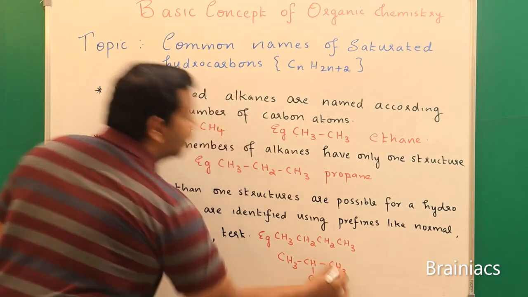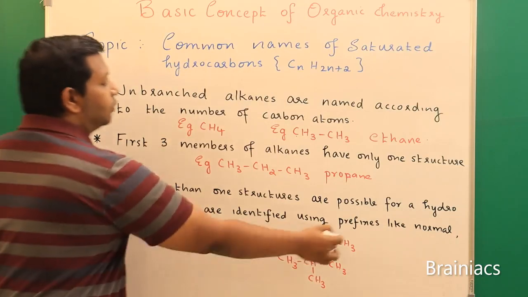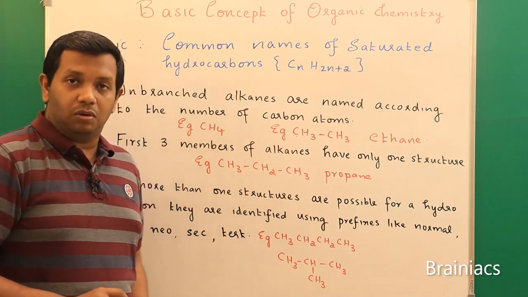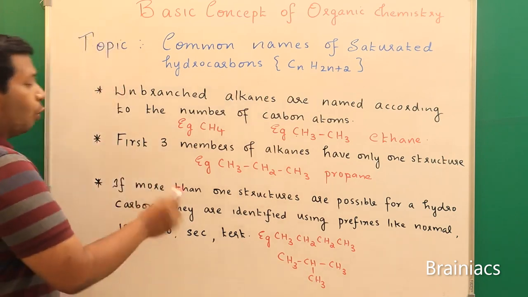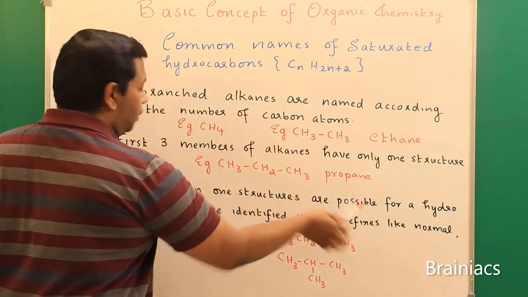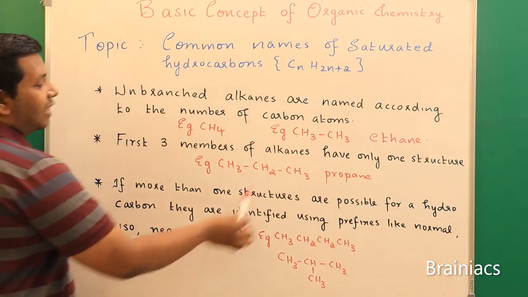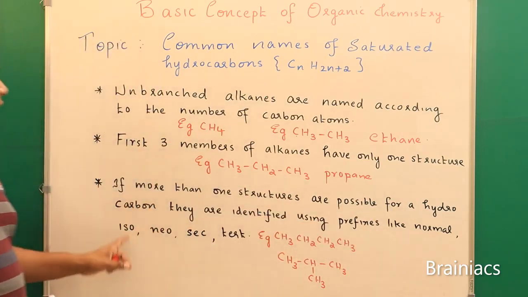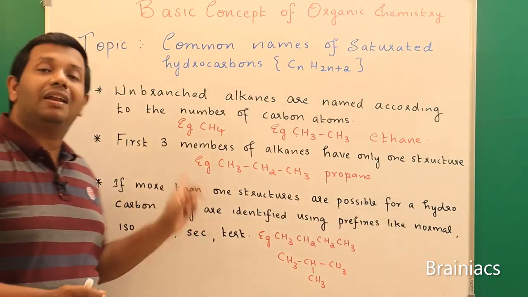Now here 4 carbon atoms are there, and here also 4 carbon atoms are there. So that means it can be drawn in 2 ways. That's why, if more than one structure is possible for a hydrocarbon, they are identified using prefixes like normal, iso, neo, secondary, tertiary.